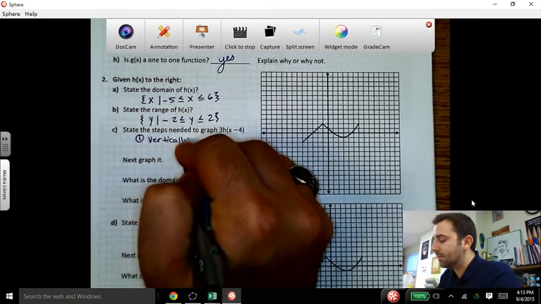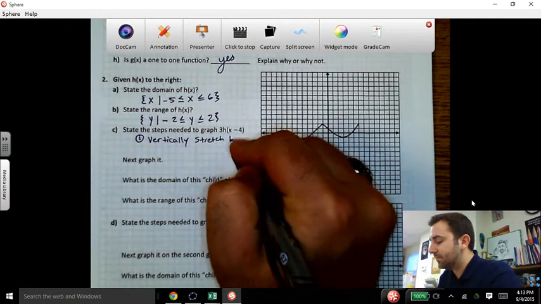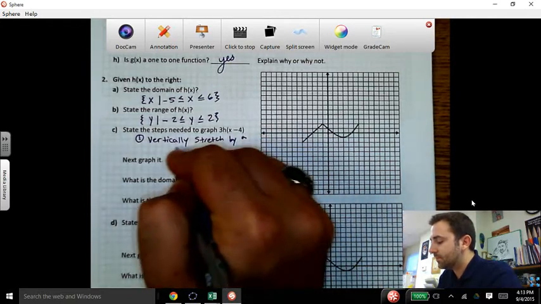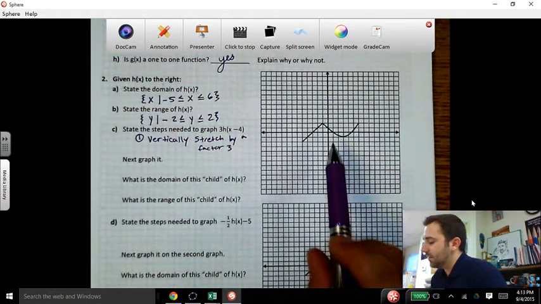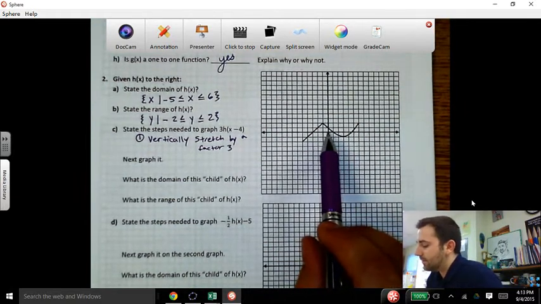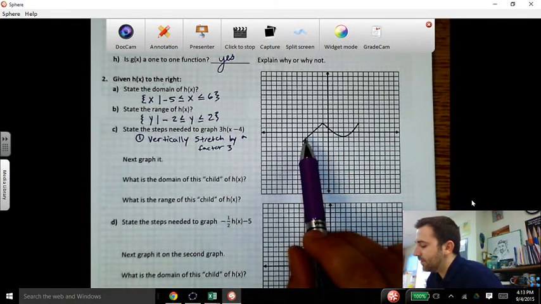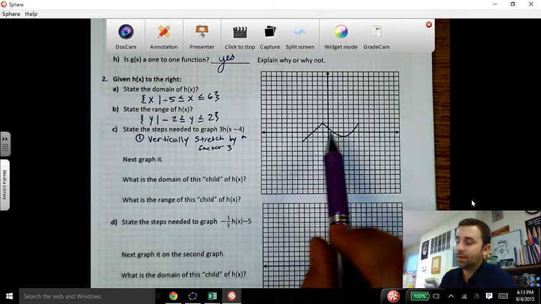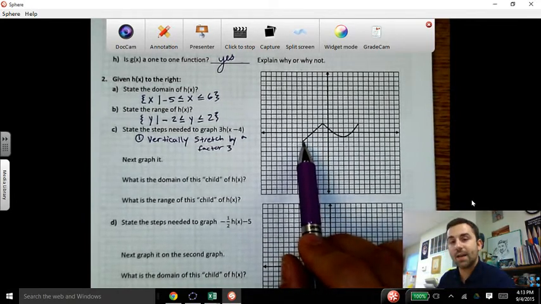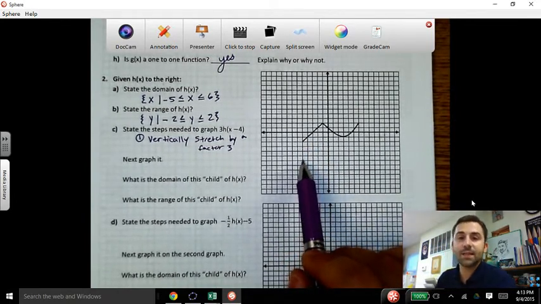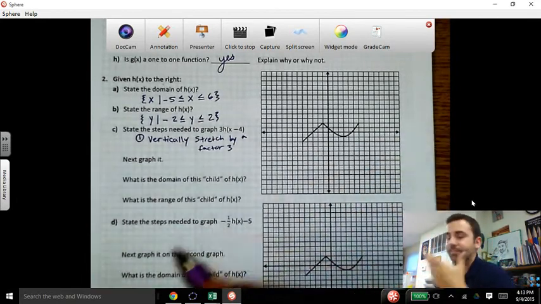So first, we would vertically stretch the function by a factor of 3, which just means if you look at -5, -2, when x is -5 for this transformed function, instead of going to -2, I'll go to -6, because a factor of 3 times -2 would give me a -6.